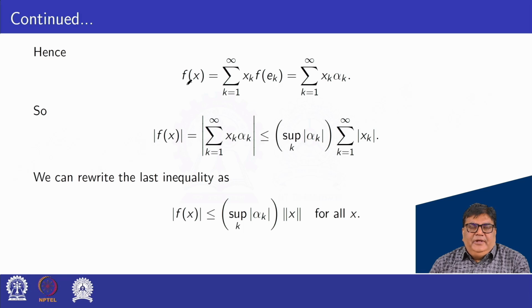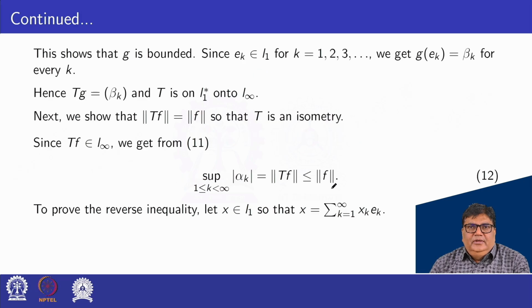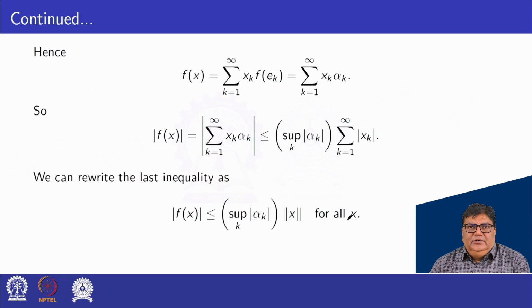Hence f of x equals summation k = 1 to infinity xk f of ek, since f is a linear functional, and f of ek is αk. So |fx| equals |summation k = 1 to infinity xk αk|.